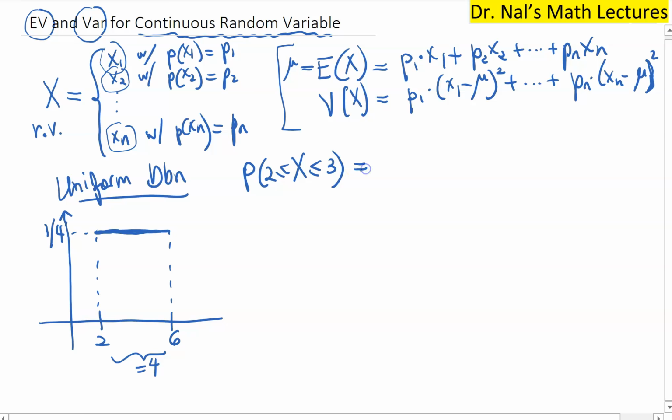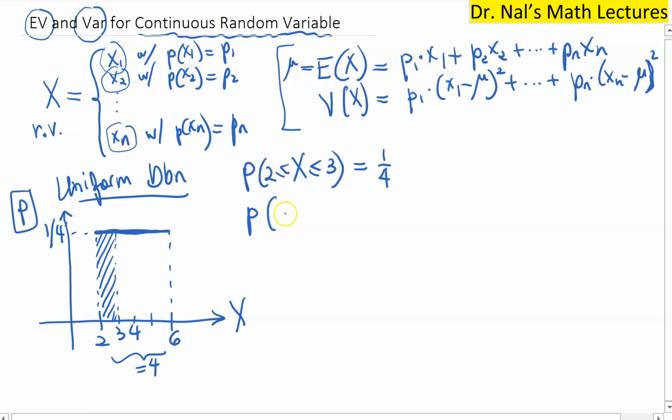The picture gives you the probabilities here, the probability density function, and this axis is your random variable X. So it's asking for the probability of X being between 2 and 3, so it is really this area. Because the whole area is 1, that area will end up being just 1/4, right? So the answer would be 1/4 by just inspecting the picture.